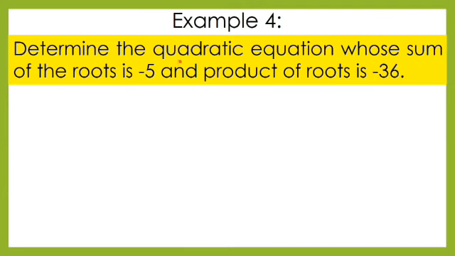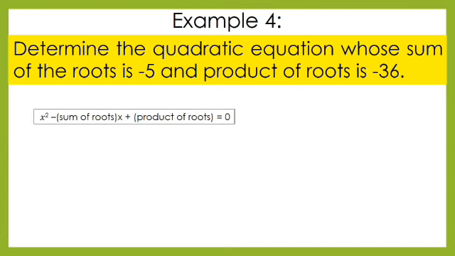Determine the quadratic equation whose sum of the roots is negative 5 and product of roots is negative 36. We will use the second method. This is the formula: x squared minus sum of roots x plus product of roots equals 0.